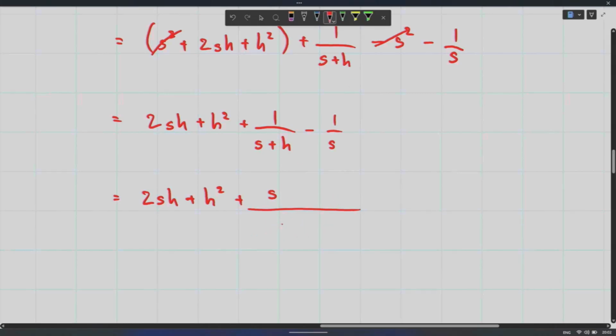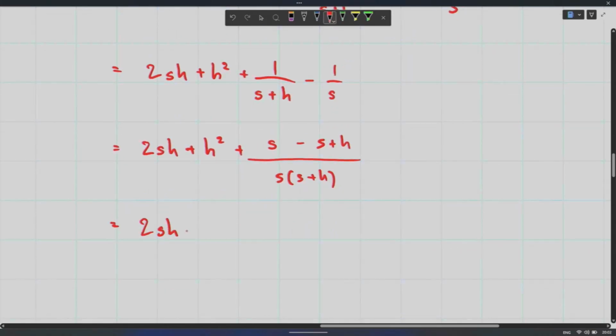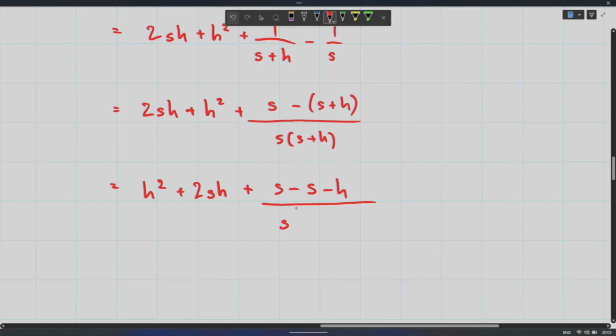I should put a parenthesis here, so this should be s minus s and another minus h, and it becomes sh.